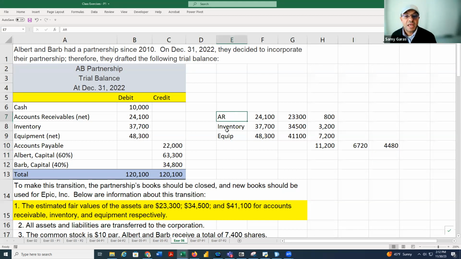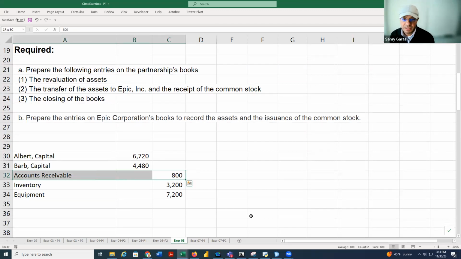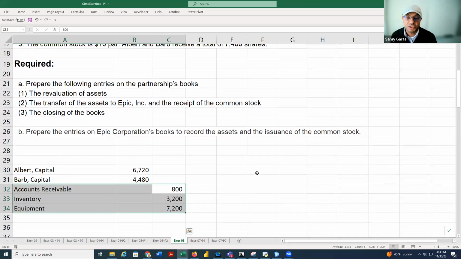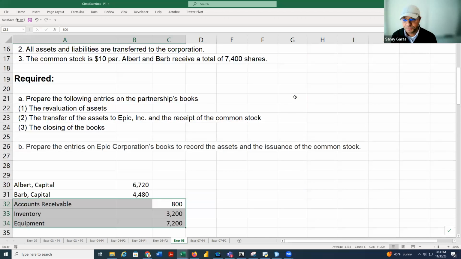When we make a loss in the asset, it means the asset will become, sorry, credit. And when we reduce the capital of the partners, we put them debit. And this is what I put here in the first journal. So here you can see the loss that happened to the 3 assets, receivables, inventory, equipment, and the division of the loss between Albert and Barb, as you can see here.